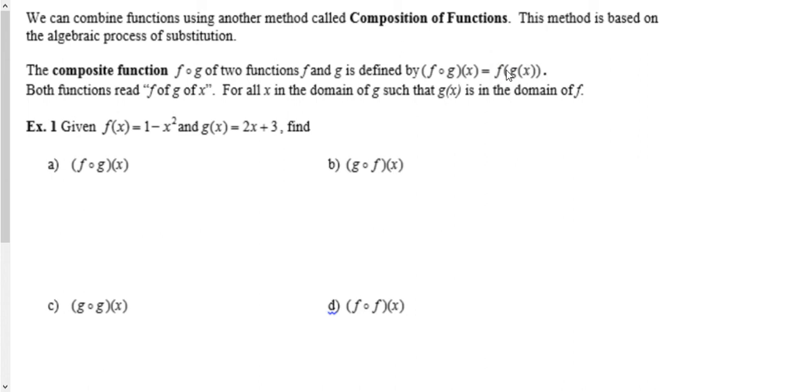I usually tend to write it this way. The diploma writes it this way. Beware of both. Both are read as f of g of x, as I mentioned, for all x in the domain of g, such that g of x is in the domain of f. So we're going to keep in mind what everything's domain is.